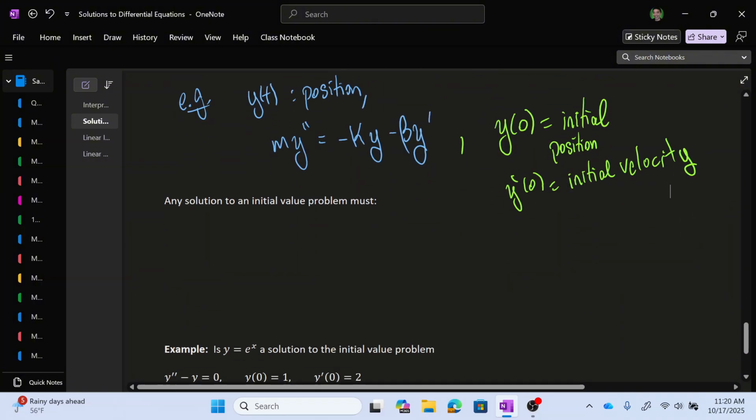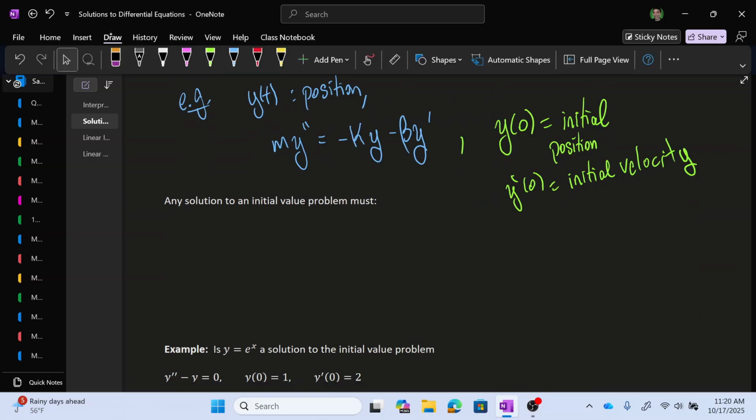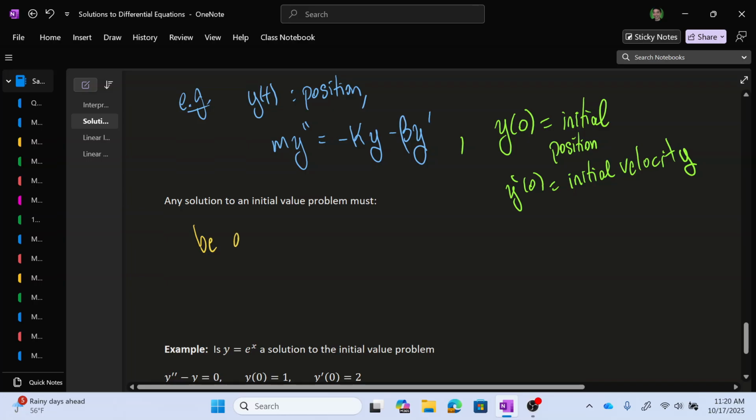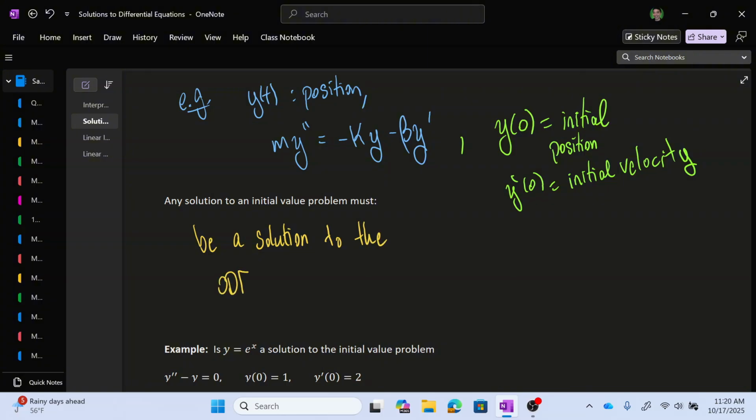Now, when you're solving an initial value problem, any solution to that initial value problem must be a solution to the differential equation, but at the same time, it must also satisfy the initial conditions given.